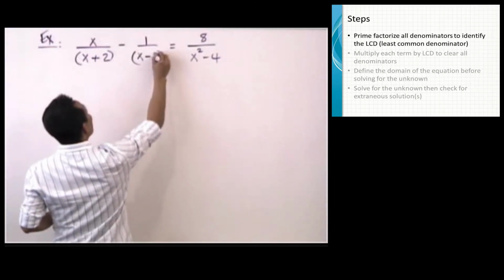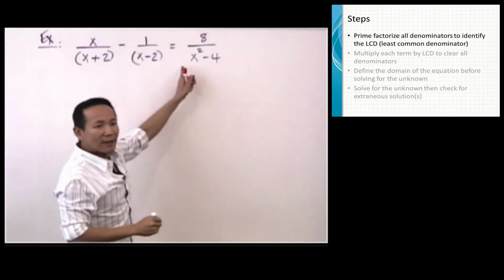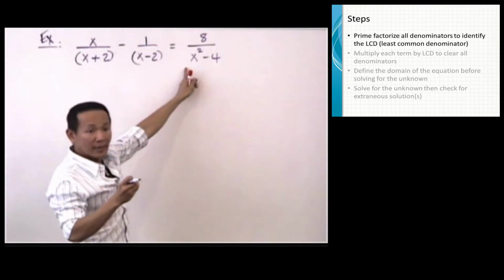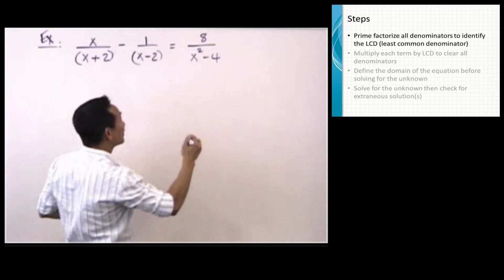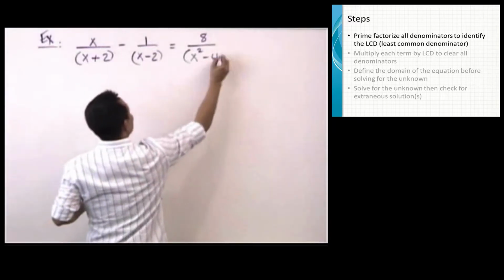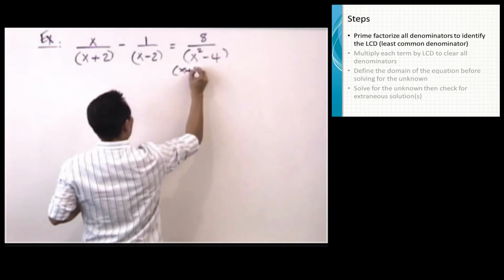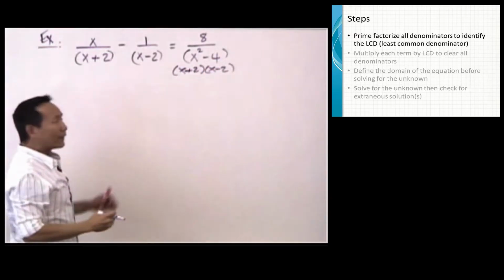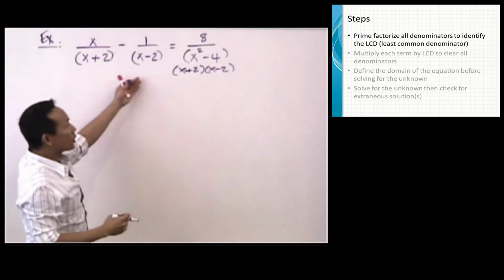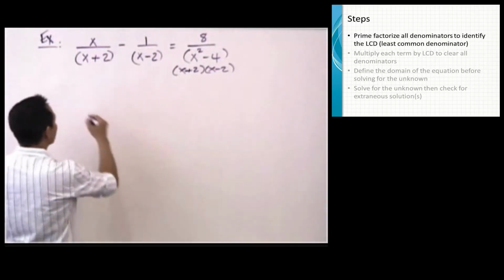No, another prime. But can I factor x squared minus 4? Yes, this is actually a squared minus b squared, so I am going to factor it as (x plus 2)(x minus 2). And after I prime factorize all the denominators, I have to identify the LCD.